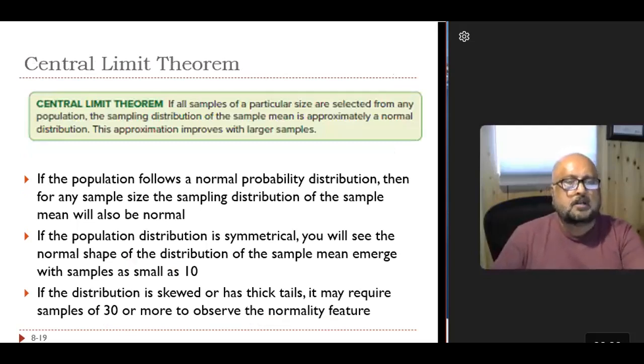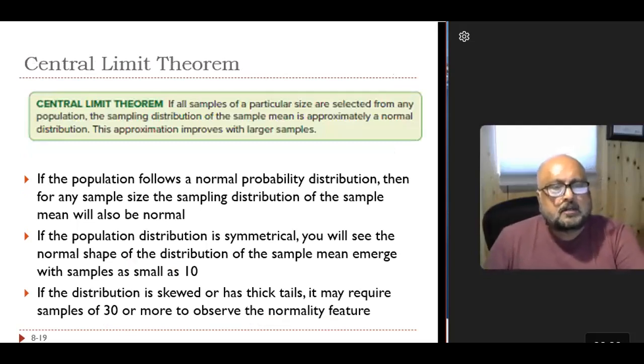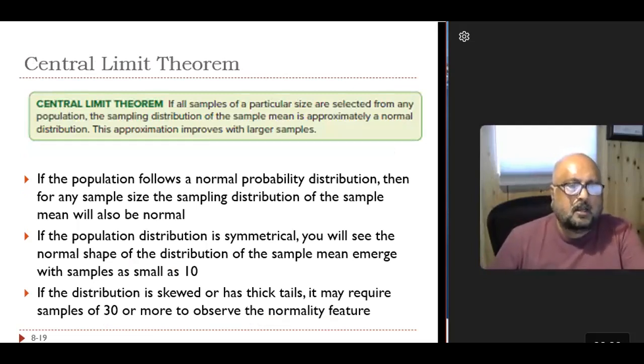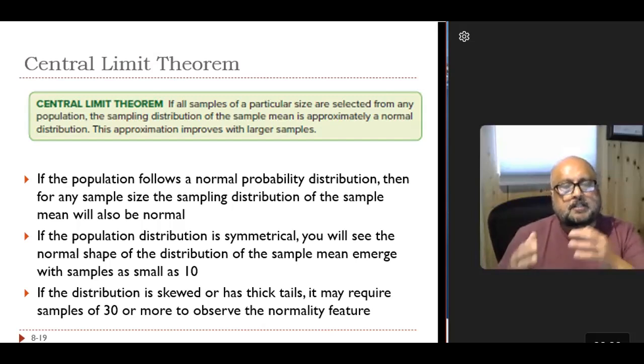Now let's look at the central limit theorem, which is really useful in various statistical calculations. It says that if all samples of a particular size are selected from any population, the sampling distribution of the sample mean is approximately a normal distribution, and the approximation improves with larger samples. So it depends on the sample size.